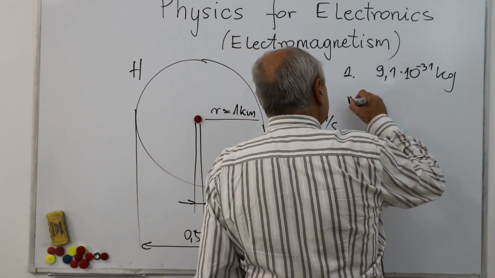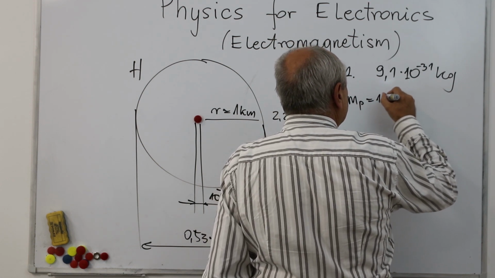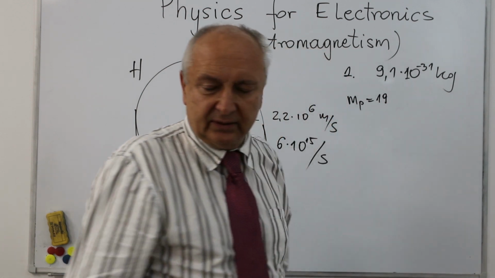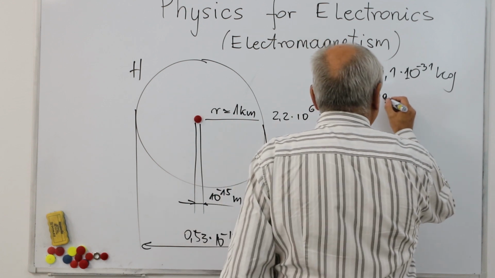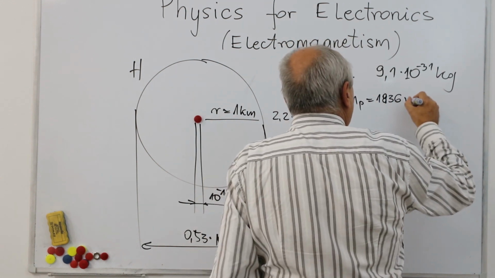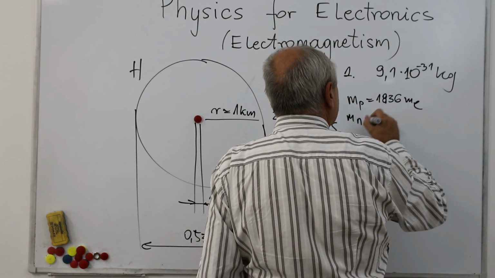Mass of proton is 1080 times the mass of the electron, and the mass of the neutron is similar.